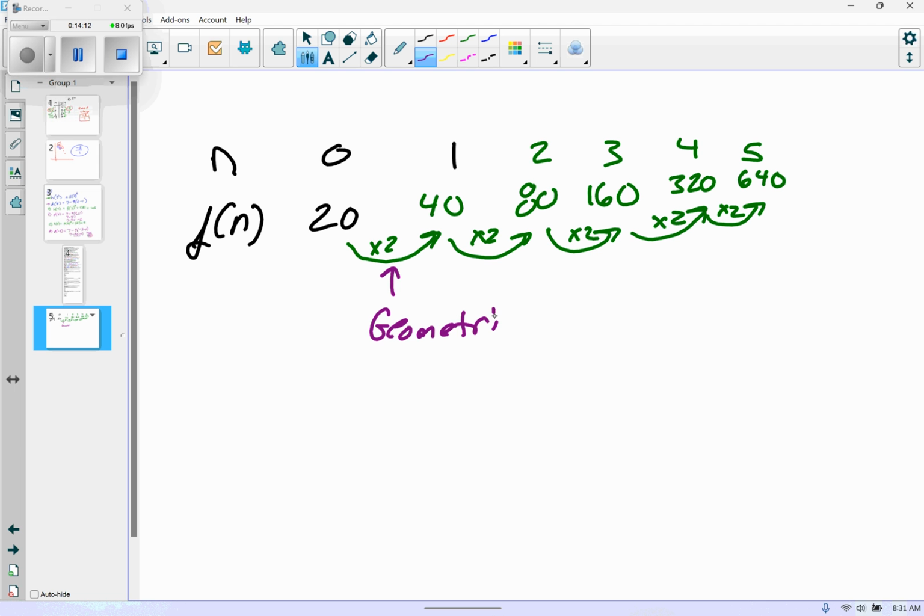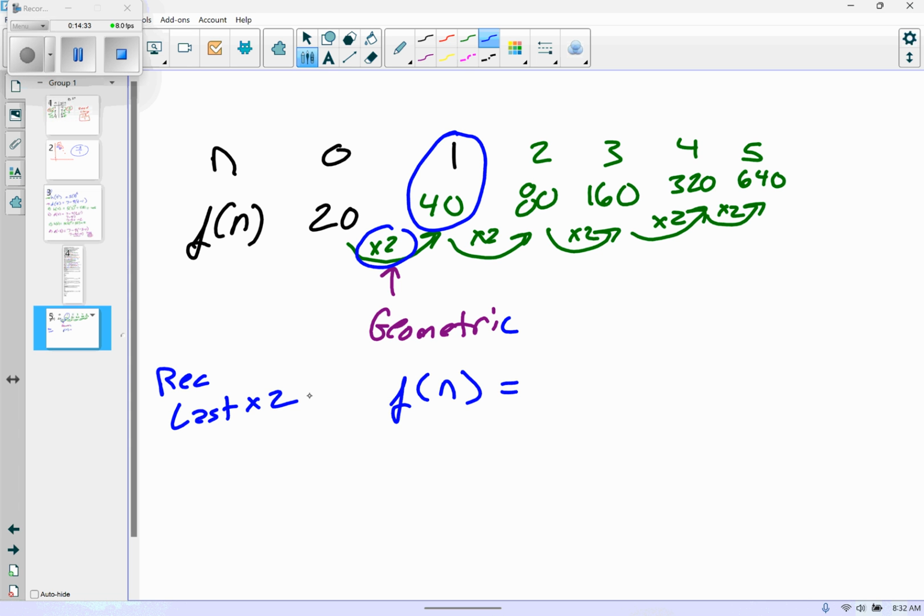Okay? So let's try and figure out our equation. So let's look here first, and let's look here. So I'm going to say f of n equals, well, let's do the recursive first. It's going to be last times 2, and then my first term is 40, and then I have times 2.